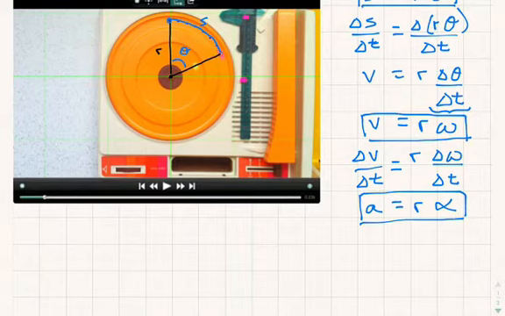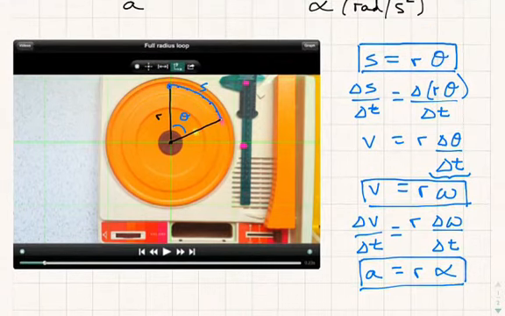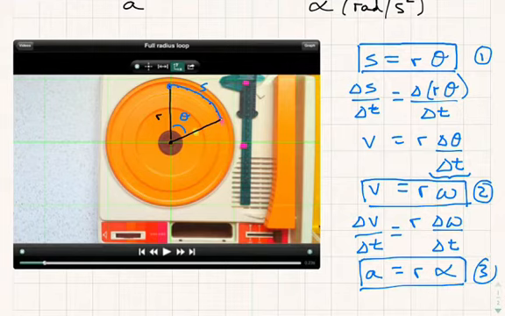And there we go. We have three equations now: the arc length equation, an equivalent for the velocity equation, and an equivalent for the acceleration equation that relates linear quantities to those angular quantities. Okay? So that was the number one goal of this lesson.